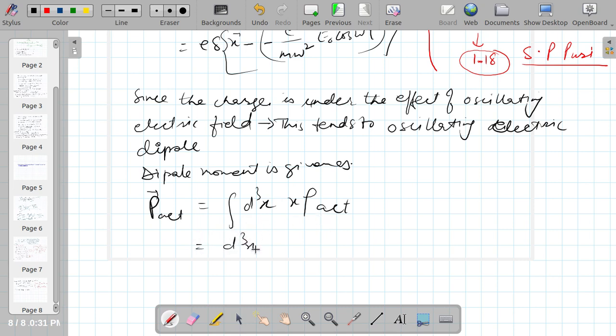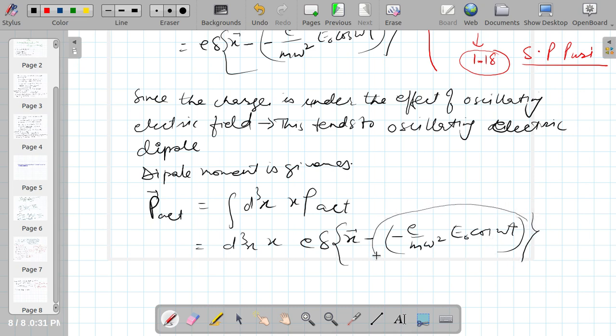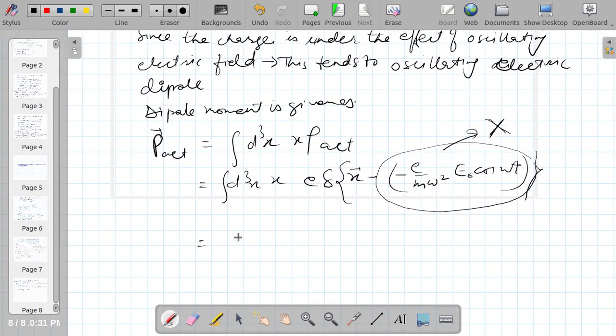And if I substitute the value of charge density here, and let me call the position capital X, then this will become minus e, which can be taken outside, integral d cube x into x delta of x minus capital X.